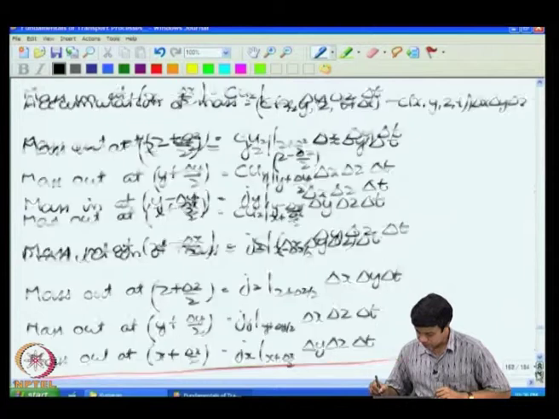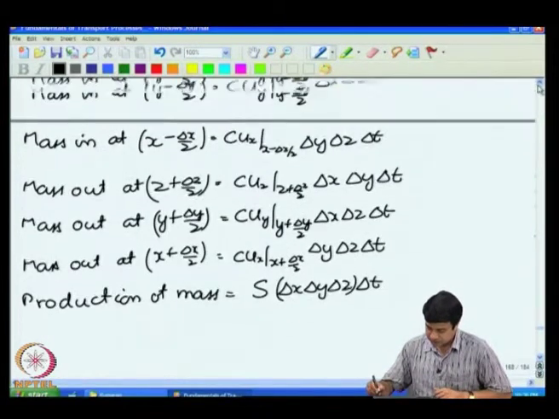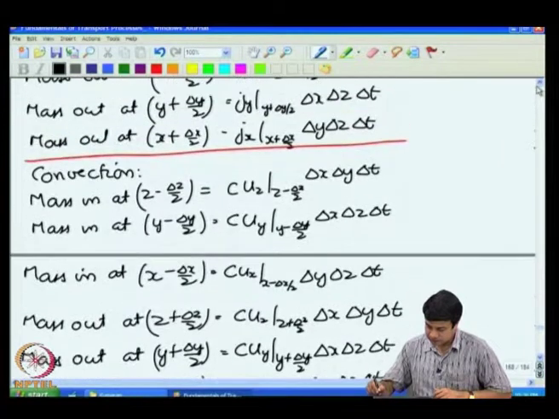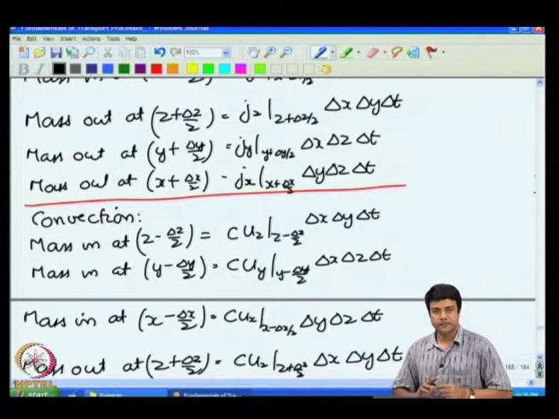That was the flux due to diffusion. Due to convection, you had very similar terms, except that instead of the flux J, you had the concentration times the velocity, c times uz, c times uy, and c times ux.